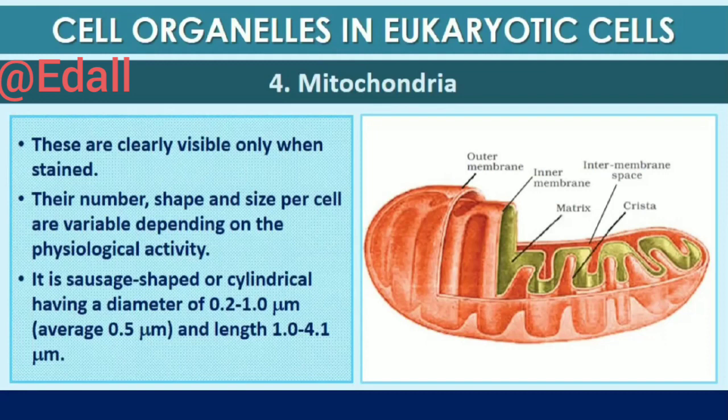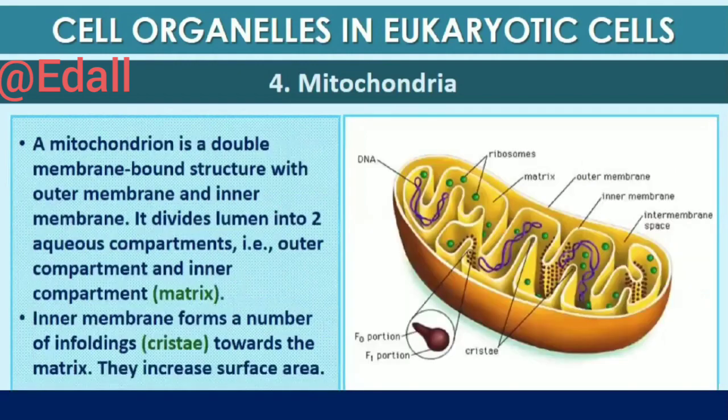Typically it is sausage-shaped or cylindrical, having a diameter of 0.2 to 1.0 micrometers, average 0.5 micrometers, and length 1.0 to 4.1 micrometers. Each mitochondrion is a double membrane-bound structure with the outer membrane and the inner membrane dividing its lumen distinctly into two aqueous compartments, that is, the outer compartment and the inner compartment.